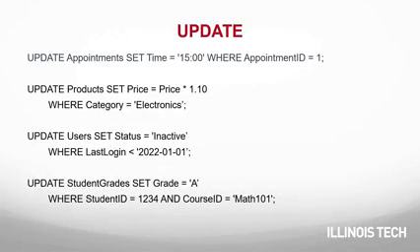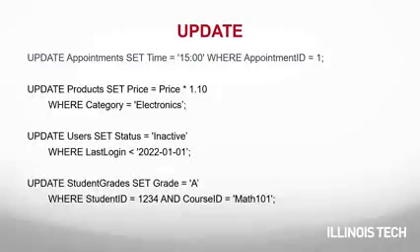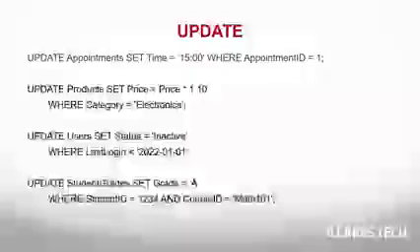So here are a few examples. Suppose that we want to update the time of appointment 1 to be at 3 p.m. Update appointments, set time equals 3 p.m., where appointment ID equals 1. So we're selecting out a particular row with that appointment ID, updating its time to be 1500 or 3 p.m. We might want to say in our store, make the price of all of our electronics items 10% higher.